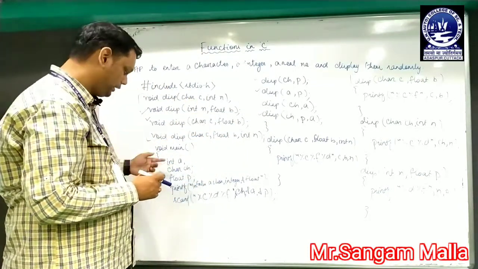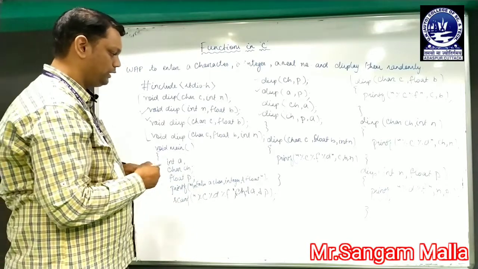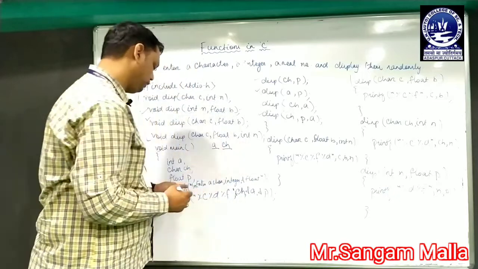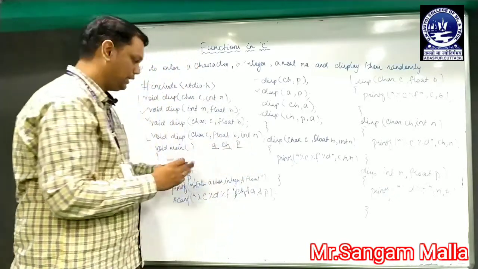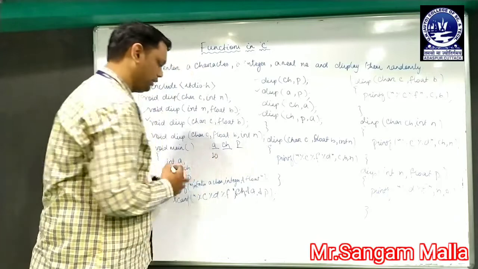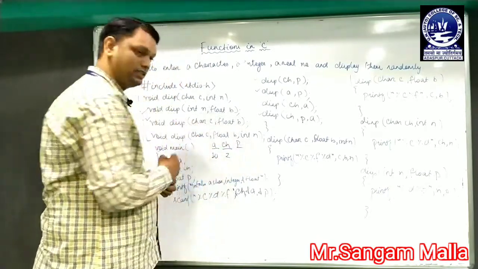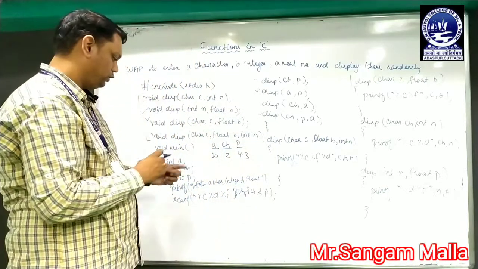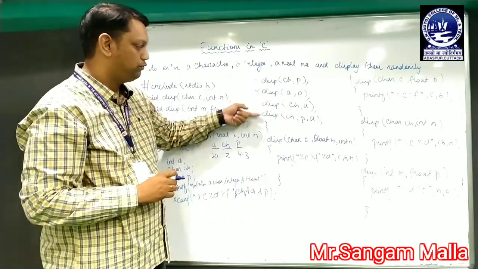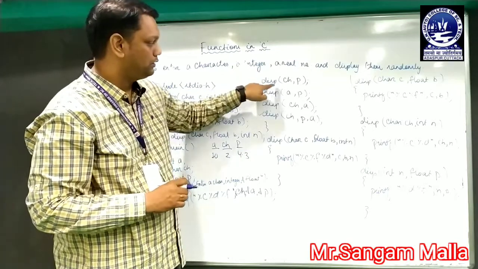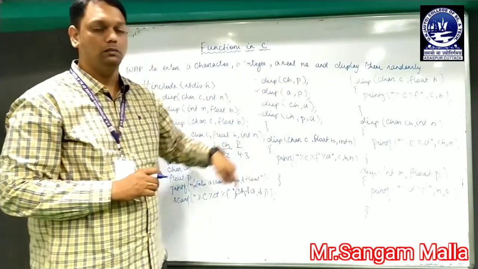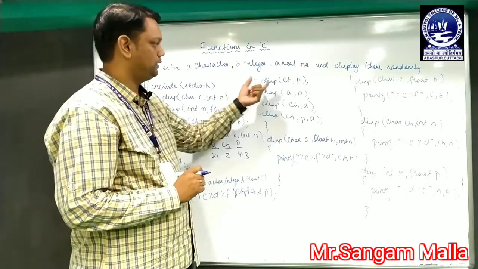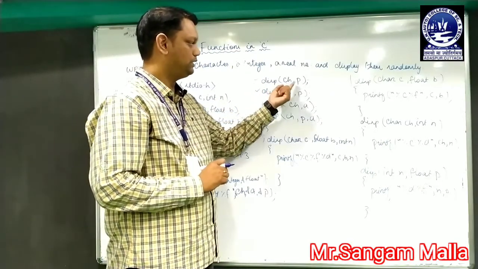So let's say I have taken 3 values. A is an integer type, ch is a character type, and p is a float type. Let's say I have entered 10 in a, z in ch, and 4.3 in the float value. Now you can see that I have called 4 functions. The first is display with ch and p.